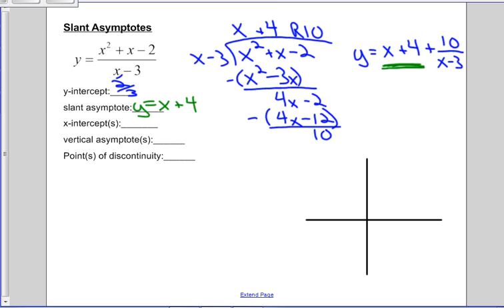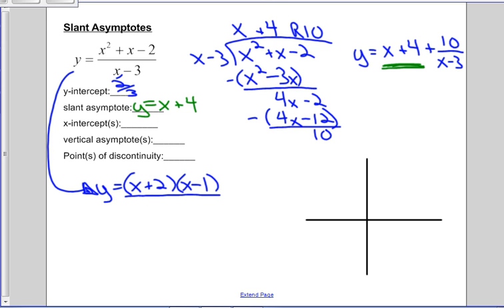Okay, I'm going to go and take this and factor it so we can do the rest of the analysis. And we can find out that we have x-intercepts at negative 2 and positive 1. We have a vertical asymptote at x equals 3. And we have no points of discontinuity.